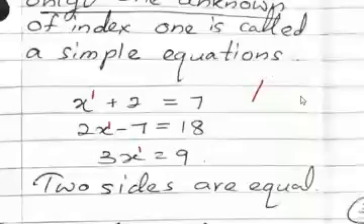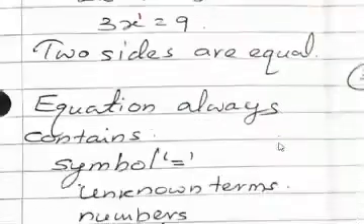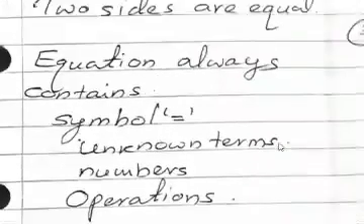So we discussed those three characteristics. Then this thing. An equation contains these things: symbols, unknown terms, numbers, operations.